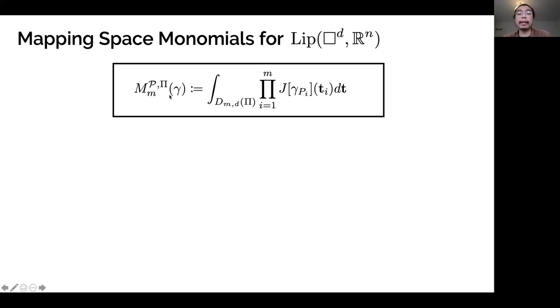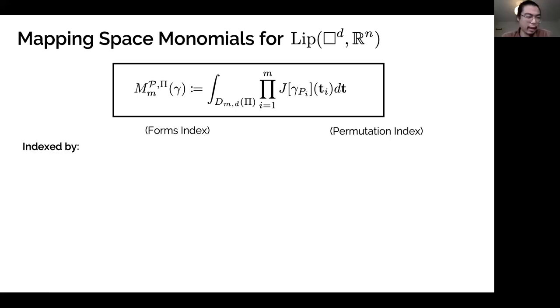And this is the setting in which a lot of these definitions are still fairly straightforward to write down. And so the mapping space monomial for a Lipschitz map gamma is this integral. I'm going to be defining all of the terms in it now.